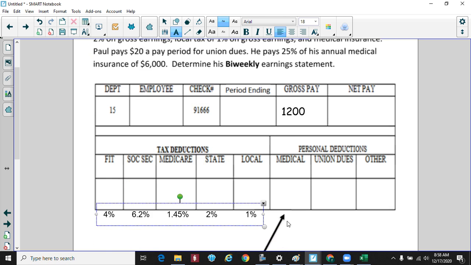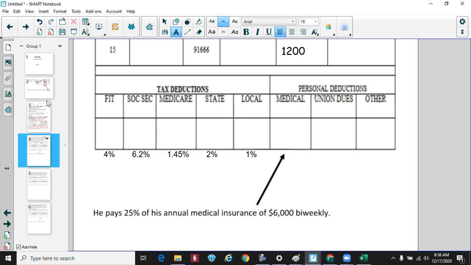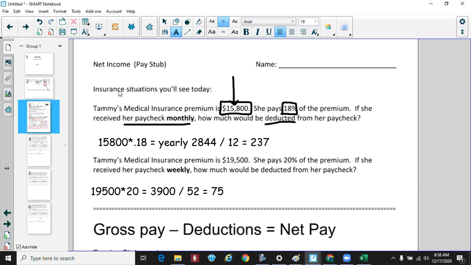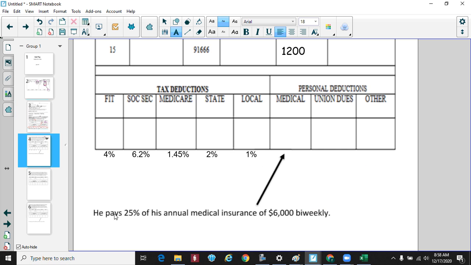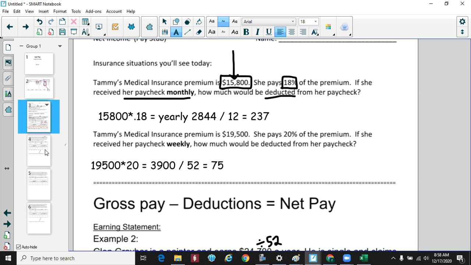Now, look at medical. All right, so medical, this goes back to the first couple of questions where I said these are some of the insurance situations you'll see today. So here we are. He pays 25% of his annual medical insurance of $6,000, biweekly. Just like we did in those first little questions, we're going to multiply how much his insurance is times the percentage he has to pay, and then divide it back.